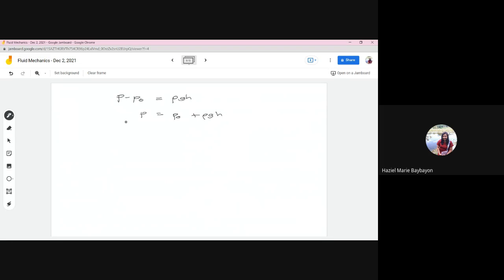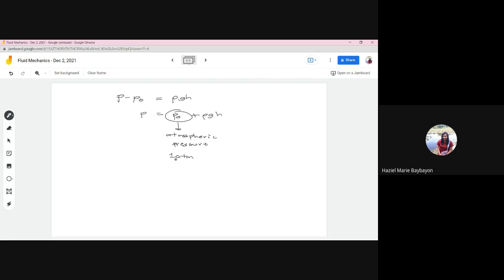Okay. So P naught here is called the atmospheric pressure. The atmospheric pressure, for example at sea level, is equal to 1 atmosphere.